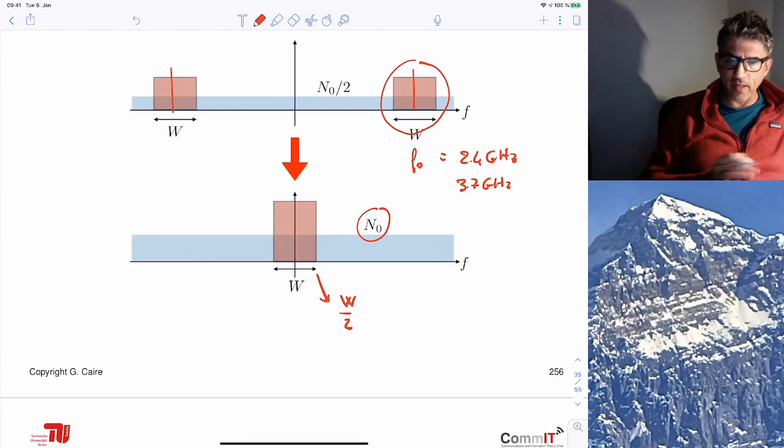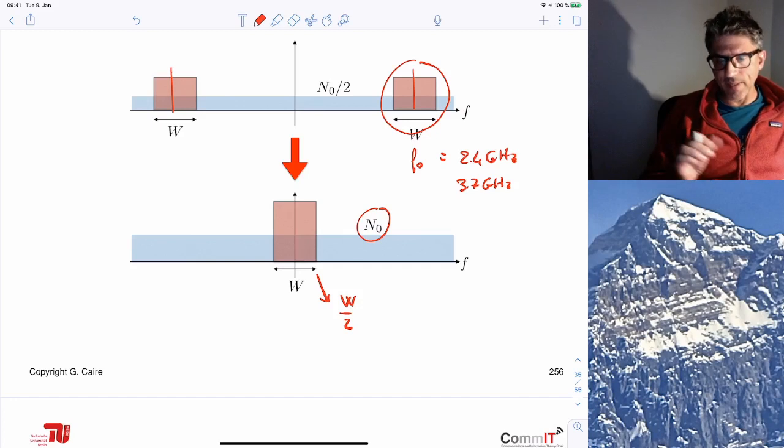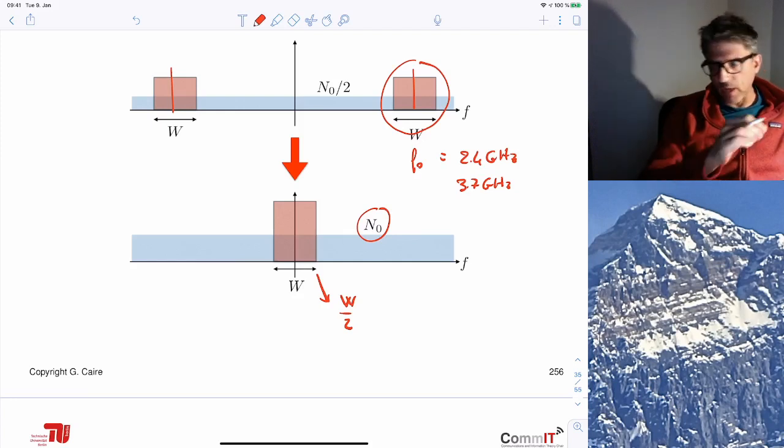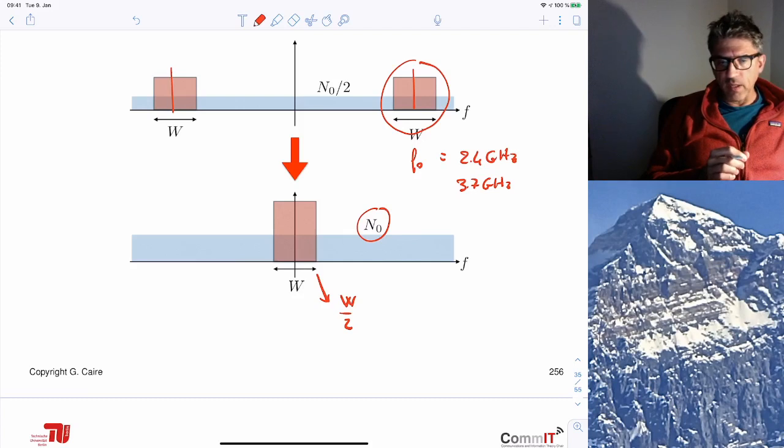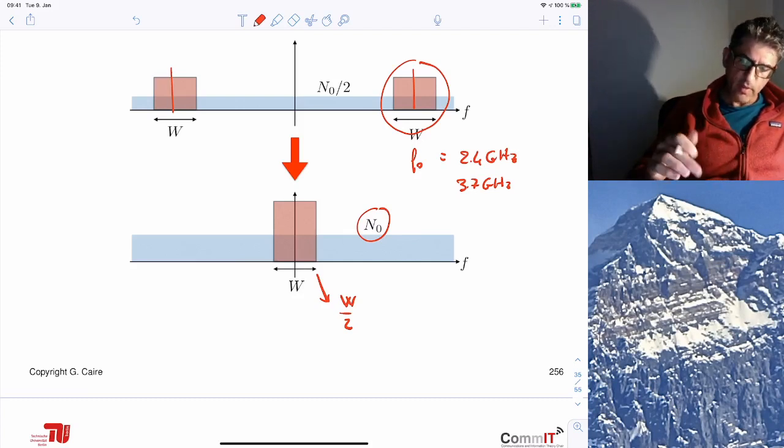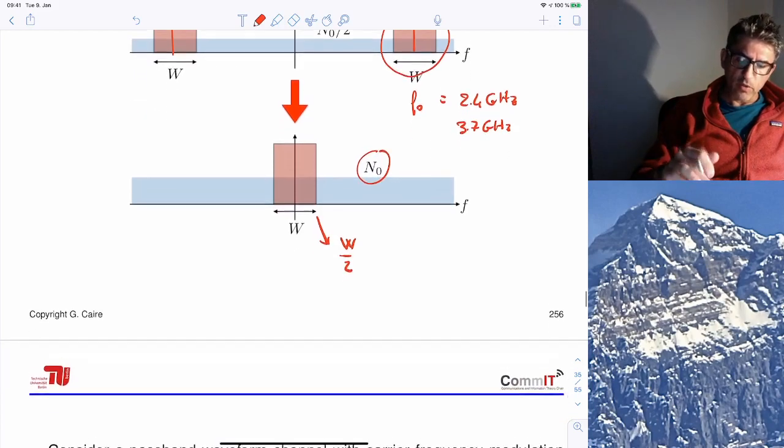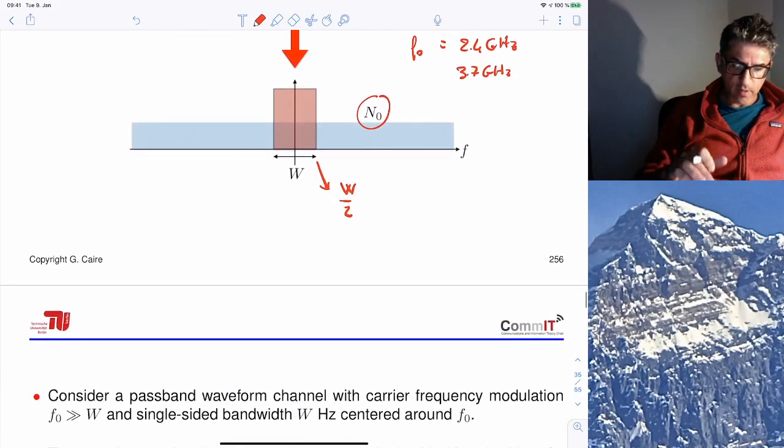So this is exactly a process that corresponds to what we called before a proper Gaussian random process, or circularly symmetric complex Gaussian random variable. So the noise samples have these statistics.